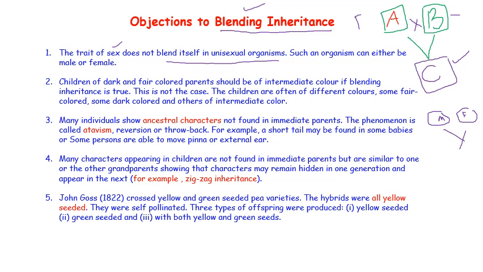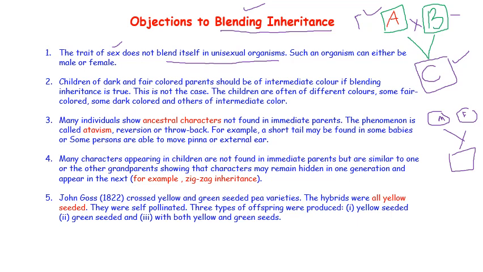It cannot be both. So here there is no blending. In blending inheritance, the offspring should have been somewhat intermediate between A and B, but today we observe the offspring of unisexual organisms is either male or female under normal conditions.